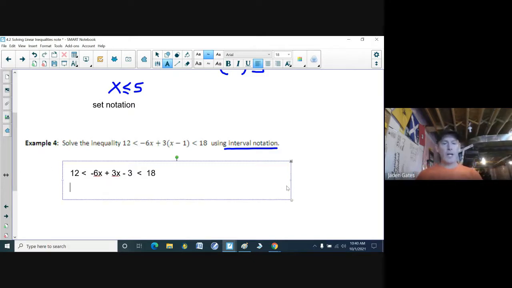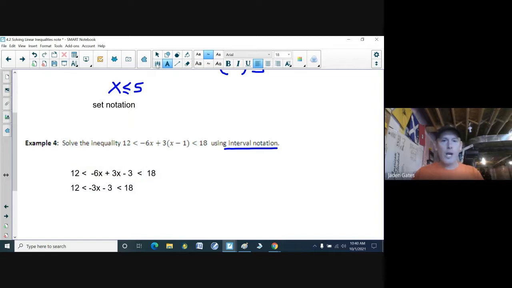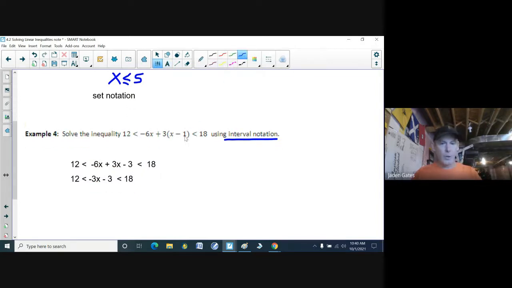All right, so again, I'm going to continue to simplify what's in the middle of my double inequality. So negative 6x plus 3x is minus 3x. And then I got minus 3, which again is less than 18. All right, so now again, I'm trying to get x by itself. That's the whole goal here.